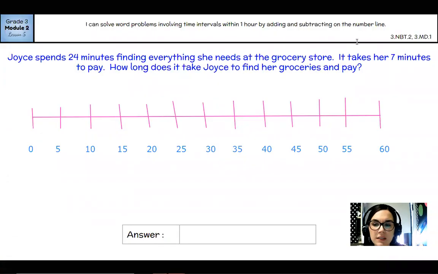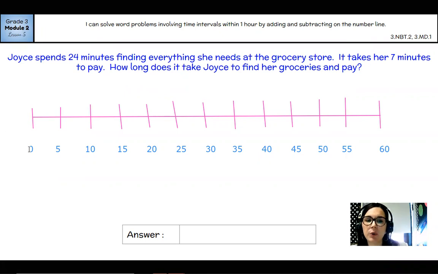Okay, boys and girls, this is the last one that we're going to practice for today before we do the exit ticket. Joyce spends 24 minutes finding everything she needs at the grocery store. It takes her 7 minutes to pay. How long does it take Joyce to find her groceries and pay? Okay, so I drew out the number line already.